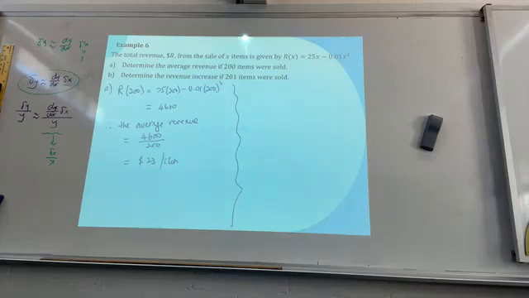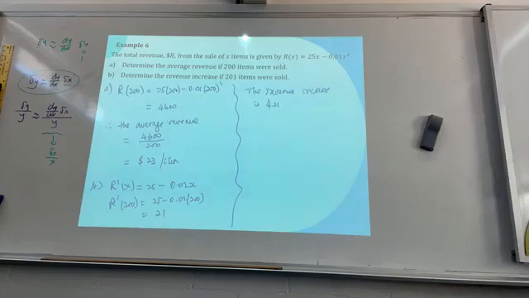Now, here, part B, determine the revenue increase if 201 items are sold. So delta x is now just 1. So basically, you need to work out the instantaneous change at 200, and that will give you your revenue increase is $21 per item.